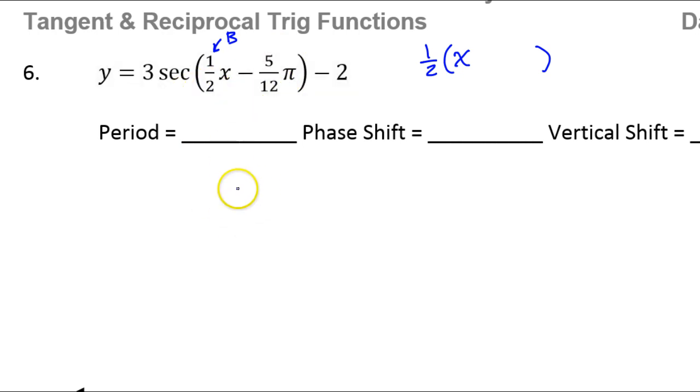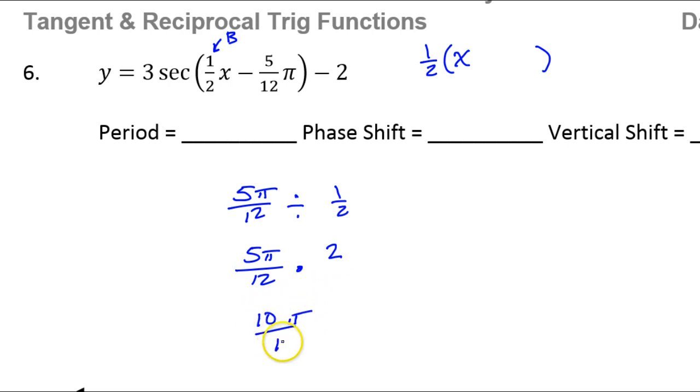So I've got 5 pi over 12, and I need to divide that by 1/2. I need to multiply by the reciprocal. So this would be 5 pi over 12 times 2.